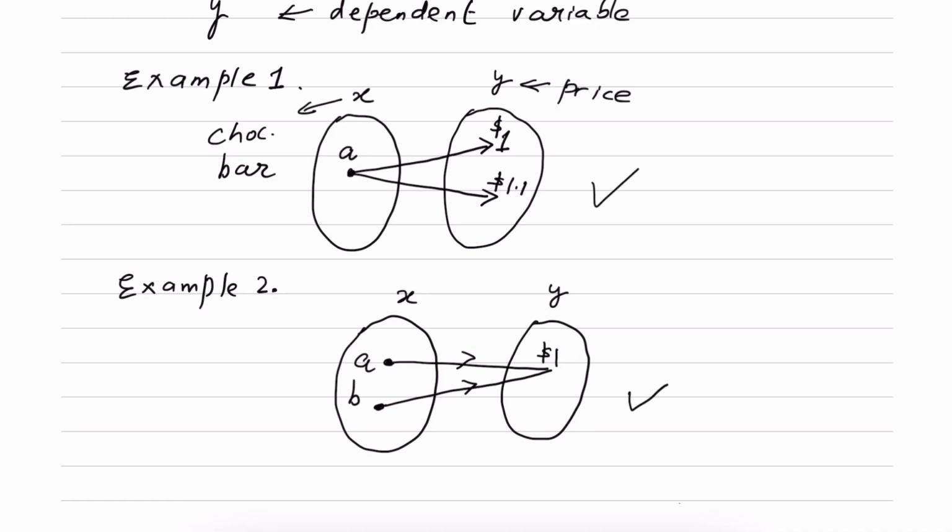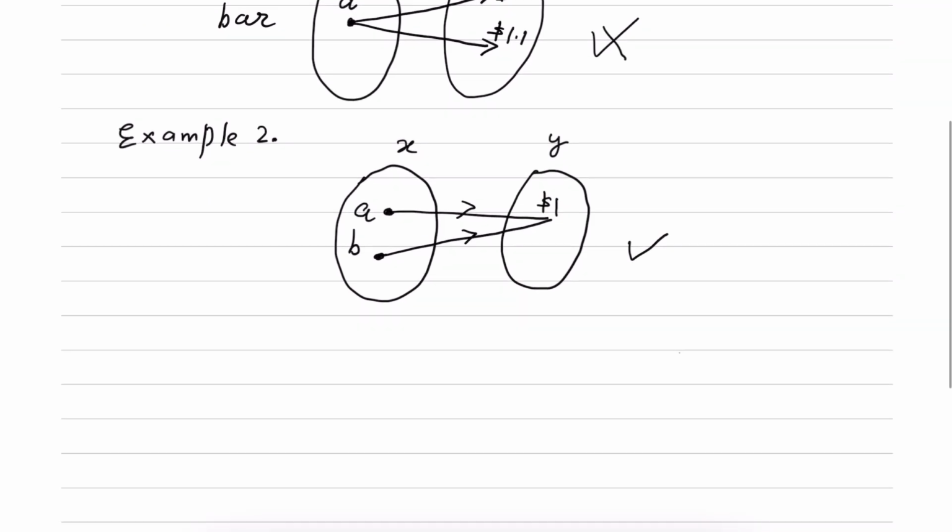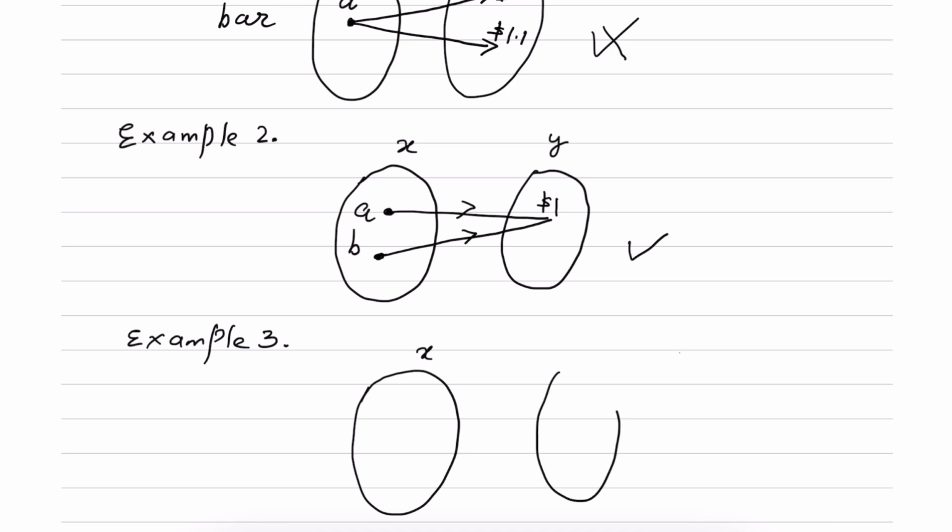Example 1 was not defining a function. Moving on, let's also look at the third example. We have x values, and we have y on this side.